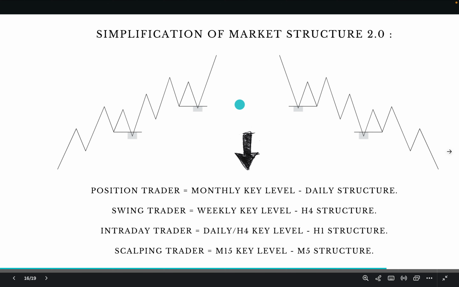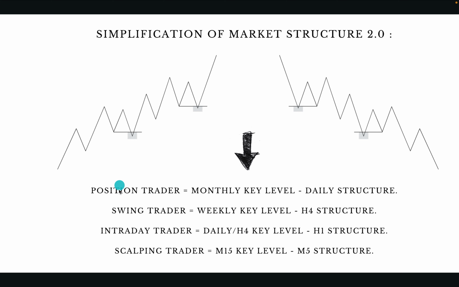So this is the time frame alignment for the market structure, guys. For example, if your drawn liquidity is on the monthly, you want to look at the daily structure. If your drawn liquidity is on the weekly, then you want to focus on the 4-hour structure.